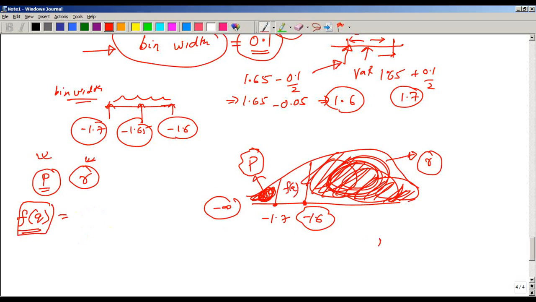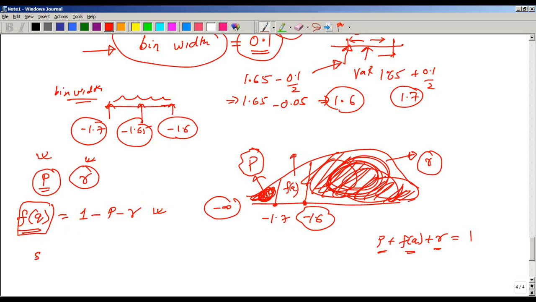We know that P plus FQ plus R will be equal to 1, because it will cover the entire normal distribution, right? So your FQ will be equal to 1 minus P minus R. Is it clear? Please pay attention. So this is your probability of this area.